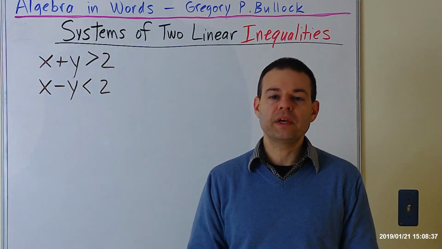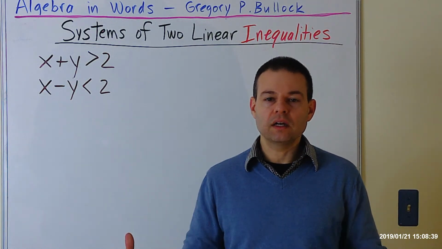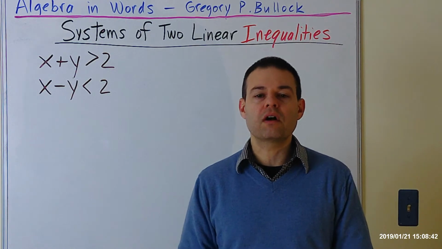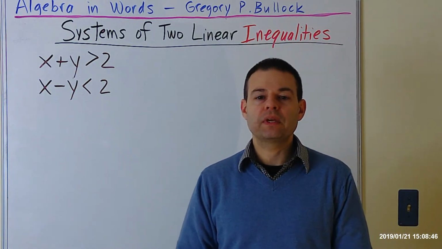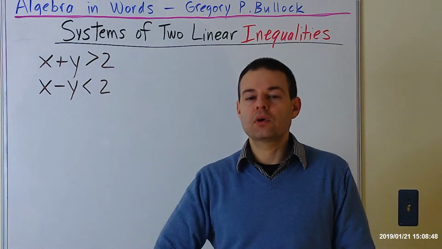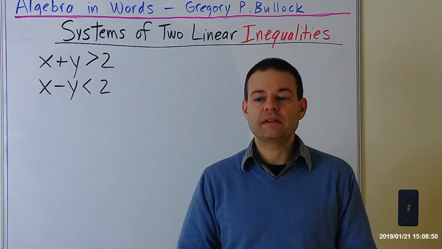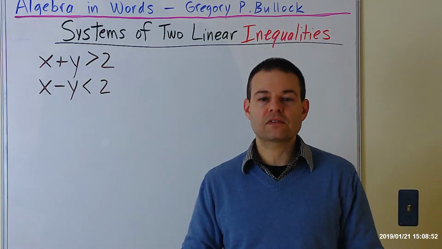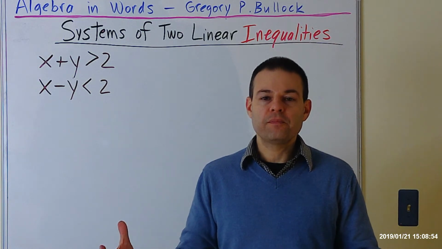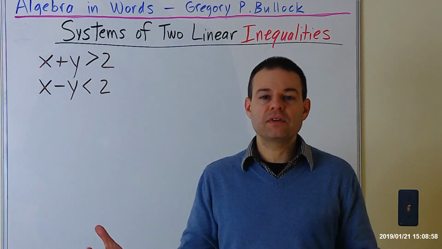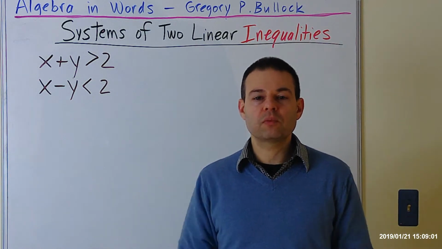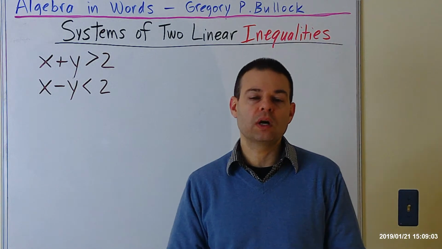But no matter how many linear inequalities there are on the same graph, the solution is the overlapping shaded region. Of course, it's possible that when the graphs are drawn, they don't have an overlapping shaded region, and in that case, there is no solution. I'll make sure we see an example of that as well.